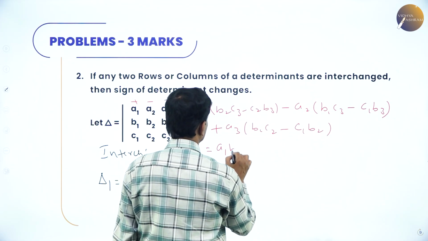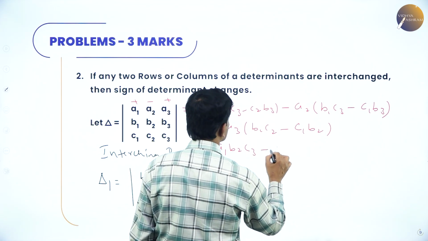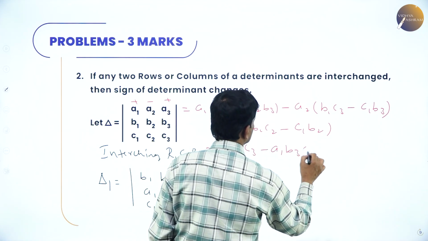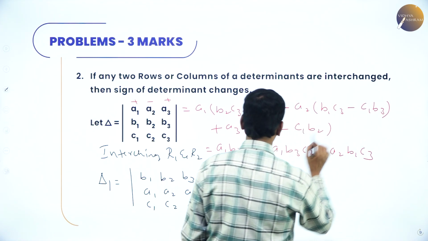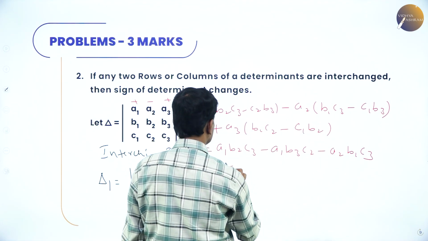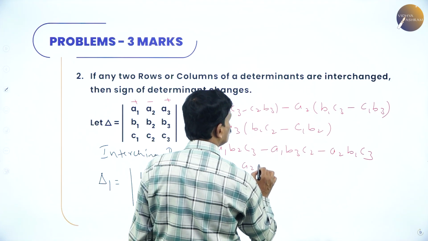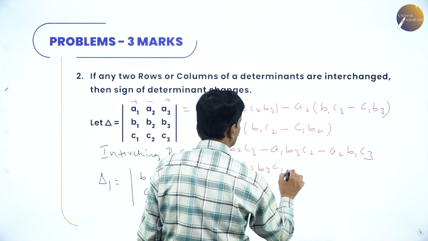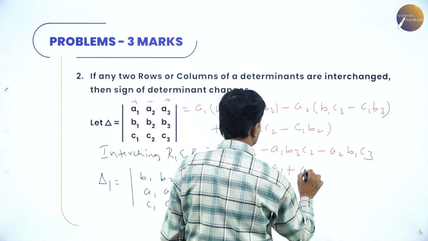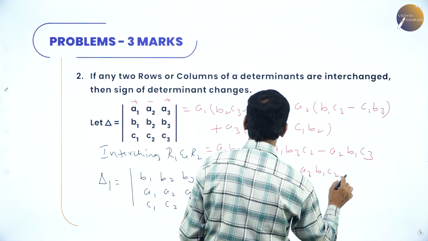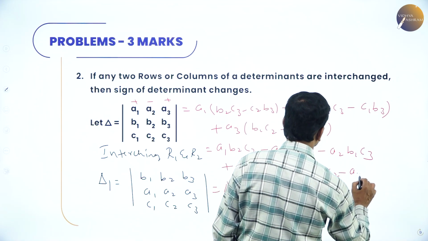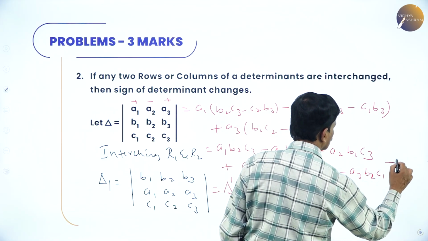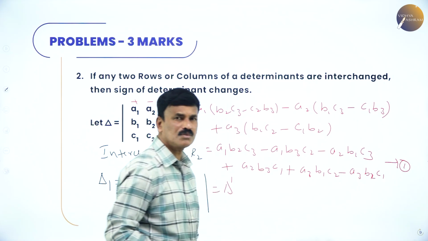This is A1 B2 C3 minus A1 B3 C2 minus A2 B1 C3. Again, minus into minus plus, it is A2 B3 C1. Again, plus A3 B1 C2. Again, plus into minus minus A3 B2 C1. Let us represent this as equation number 1.